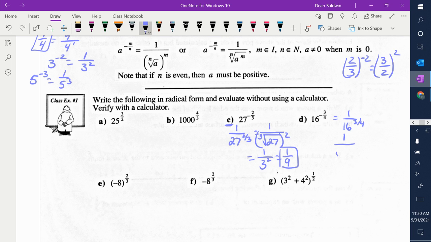So that becomes 1 over the 4th root of 16 to the power of 3. Anybody know what the 4th root of 16 is? 2. And then it's 2 cubed, which is 8. So it's 1/8. So 16 to the negative 3 over 4 is equal to 1/8.